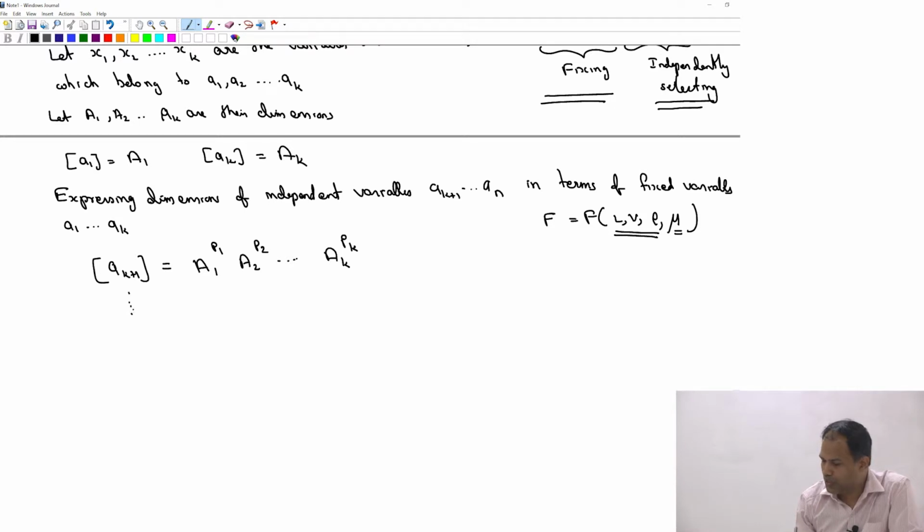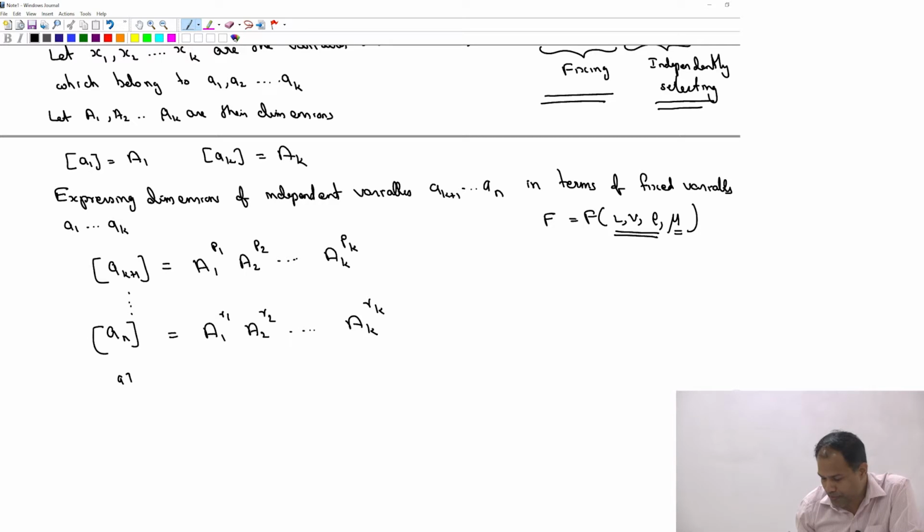You could do it all the way up to an, with a1 to the power r1, a2 to the power r2, and so on, ak to the power rk.